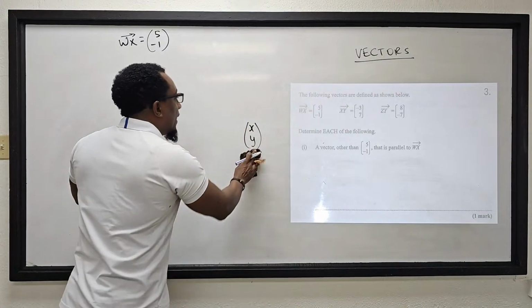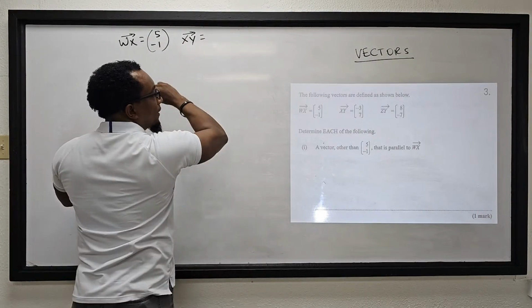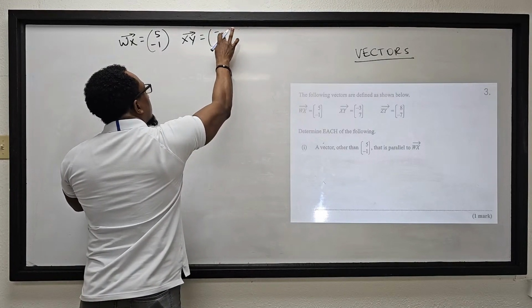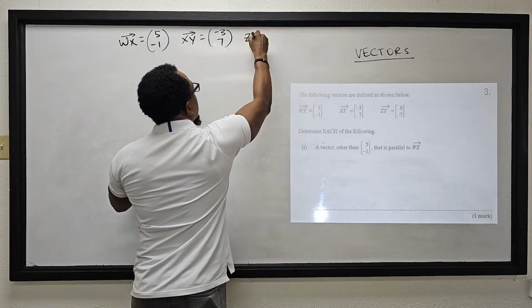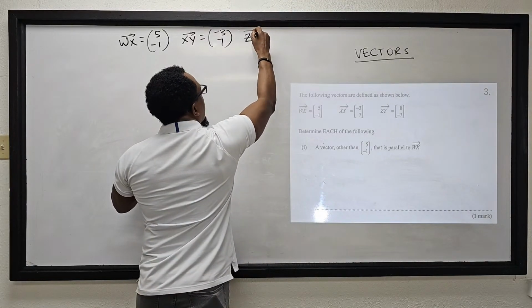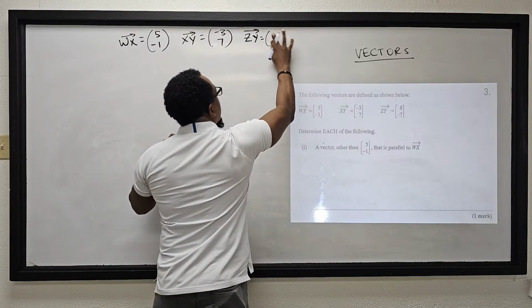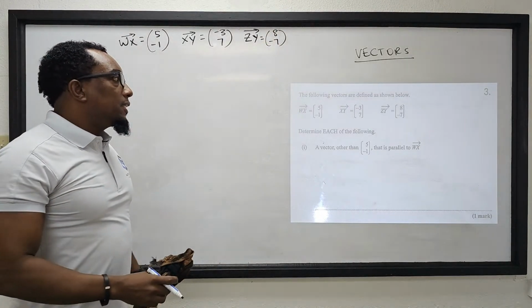Vector xy has magnitude negative 3, 7, and vector zy has magnitude 8, negative 7. Determine each of the following.